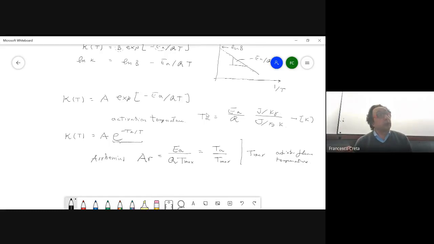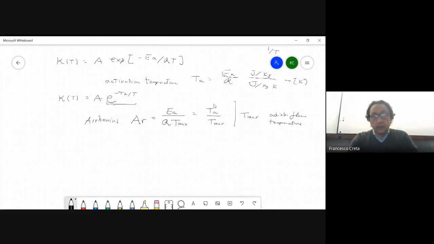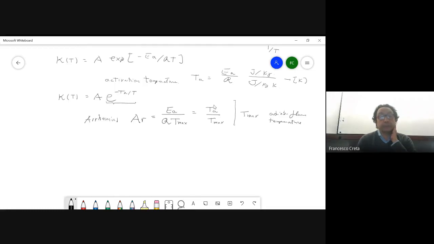In pure oxygen, you can get up to 3600 Kelvin, not more than that. So that's a measure of the maximum possible temperature. The Arrhenius number can be thought of as a ratio of the activation energy divided by the maximum thermal energy in the flow.